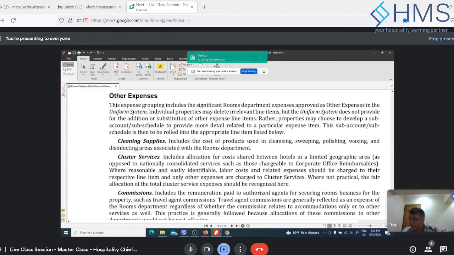So do you have labor productivity reports in your hotels or you don't have? We don't really follow a labor productivity report in our place. Okay. How about other hotels, the students? Do you have labor productivity reports?